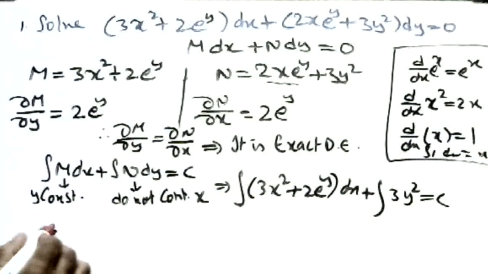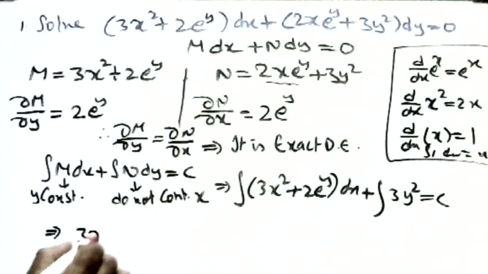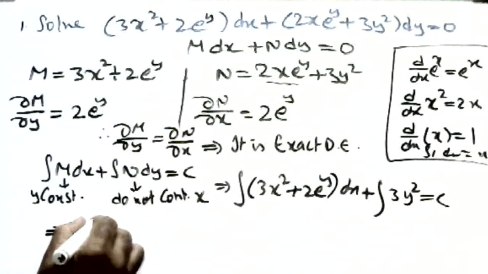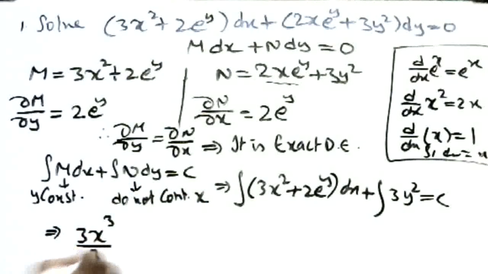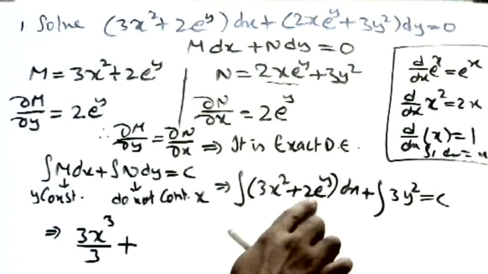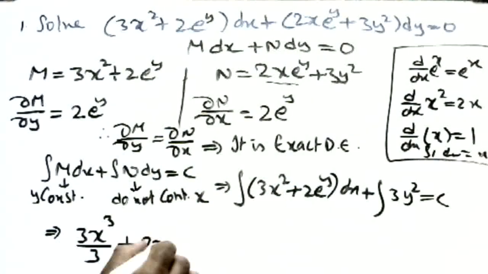Now we are integrating with respect to x, so the integration of x² is x^(n+1)/(n+1). So 2 plus 1 is 3, divided by 3. Here we don't have x, so this is constant, and we must fill in the integration of 1, which will be x.